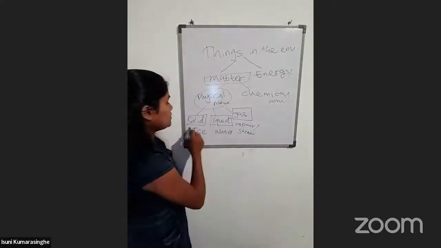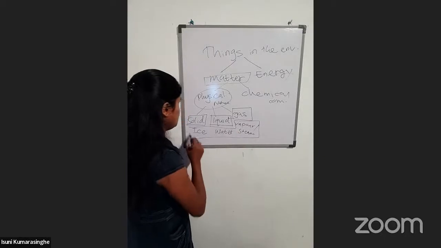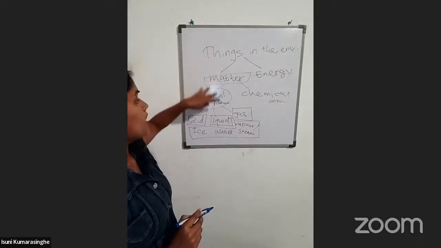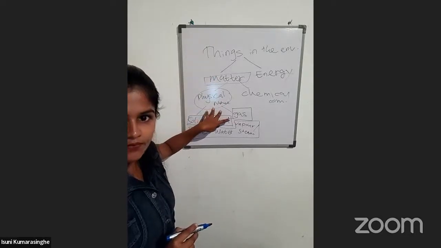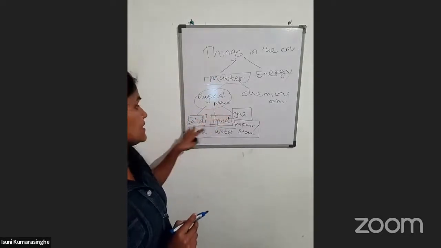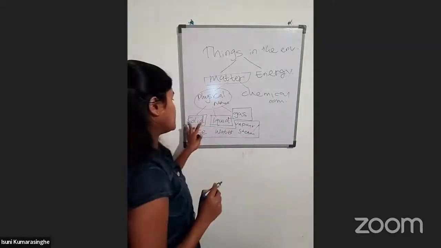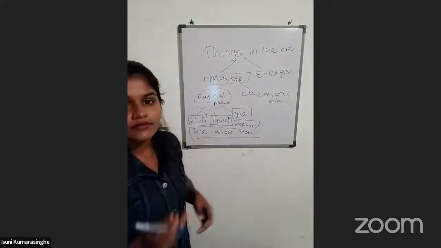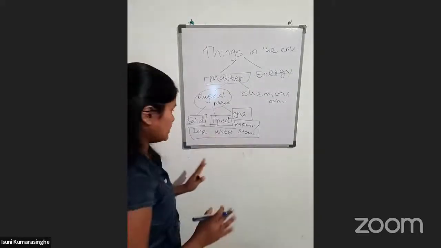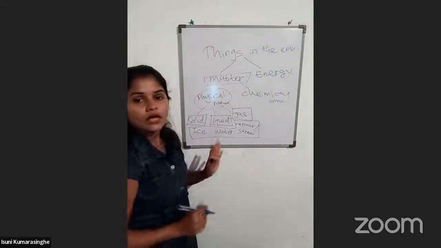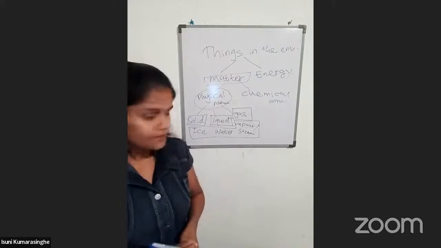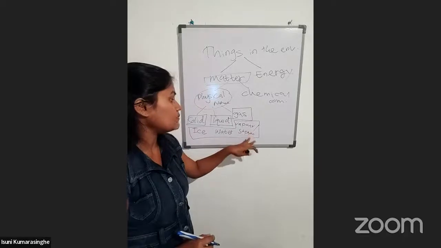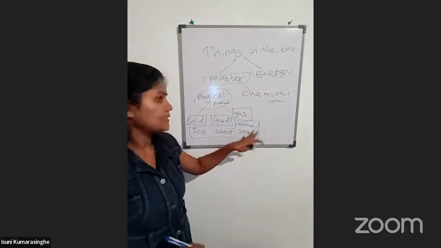So now you have an idea about matter in the environment and its physical nature. Matter exists in three different states: solid, liquid, and gas. Taking water as the example, ice is the solid, water is the liquid, and vapor or steam is the gas.